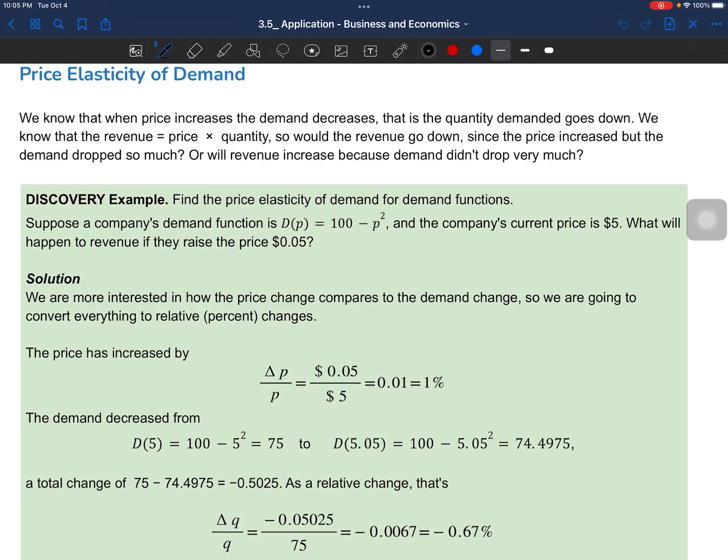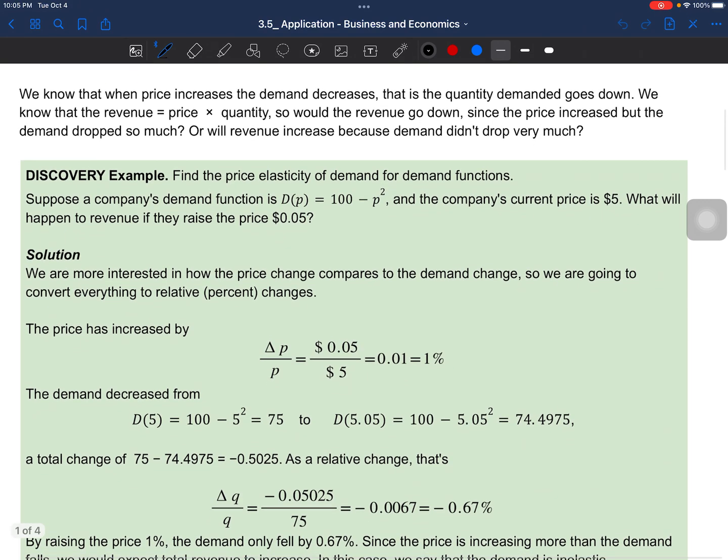So what we're trying to ask is, how does a price increase affect the demand? Because if you increase your price and the demand doesn't change much, that means you're going to increase your revenue. But if you increase your price and the demand goes down by a lot, then we want to know how much that is going to affect the revenue.